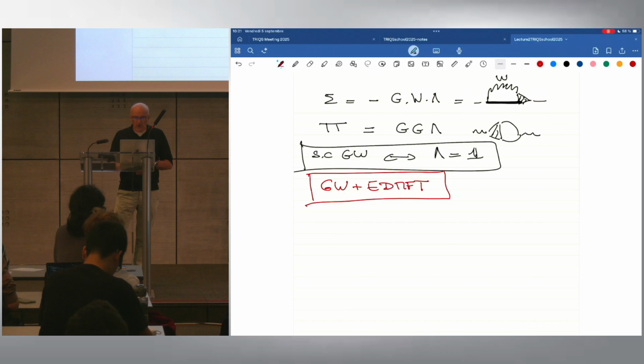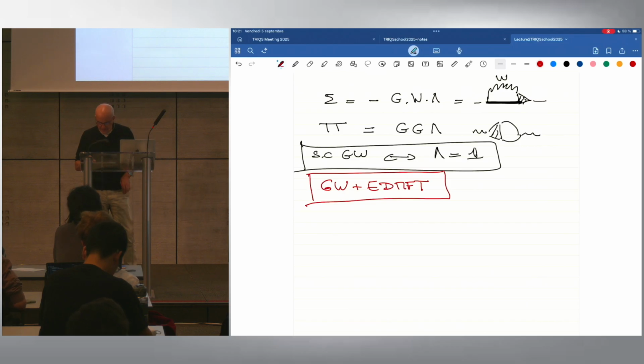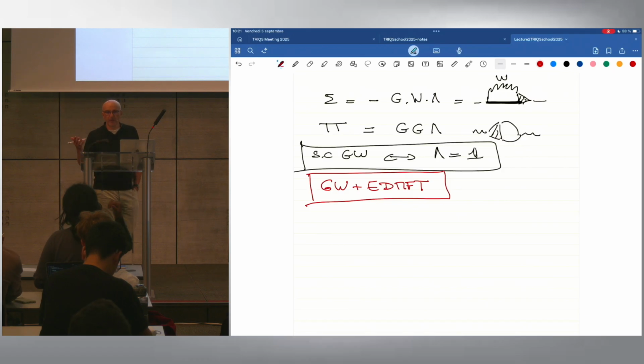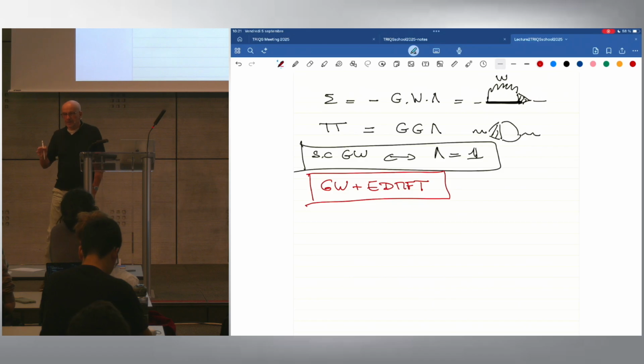Okay, so how do we combine DFT plus GW and EDMFT? Well, we're going to stop making the too drastic assumption that sigma is completely momentum independent even in any basis, okay?